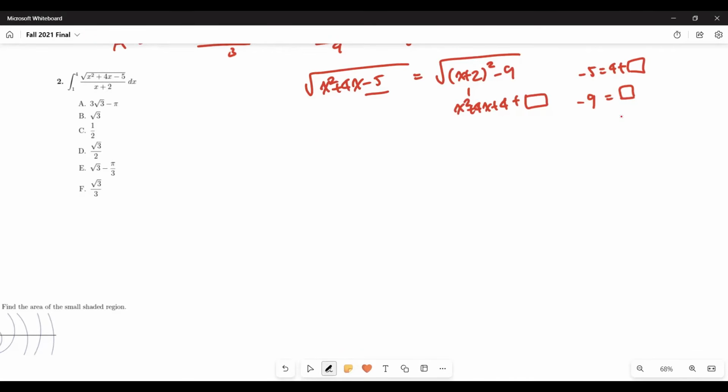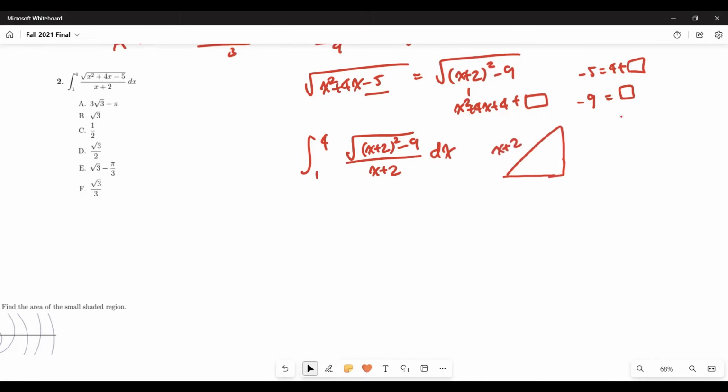Okay, so let's write the integrand: the square root of x plus 2 squared minus 9 over x plus 2 dx. So this is a trig substitution question. Our triangle will be something like this: x plus 2 and 3 with angle theta, and the remaining side will be the square root of x plus 2 squared minus 9.